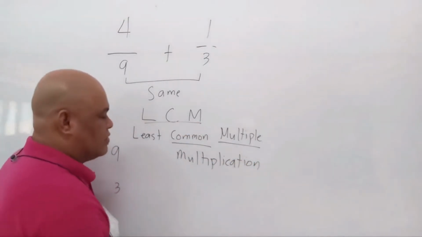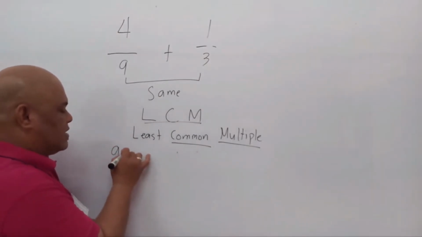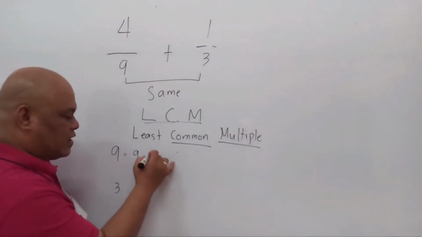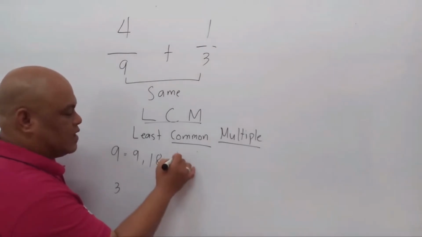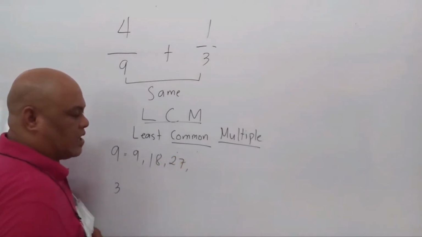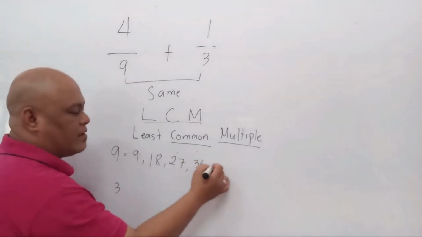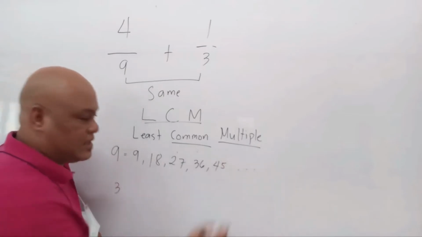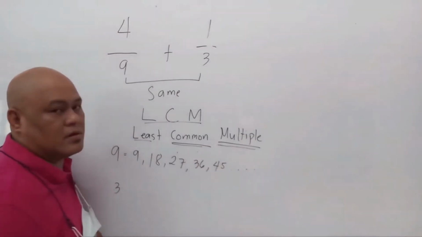Let's do this. 9 times 1 is 9. 9 times 2 is 18. 9 times 3 is 27. 9 times 4 is 36. 9 times 5 is 45. So on and so forth, until you get the least common multiple.